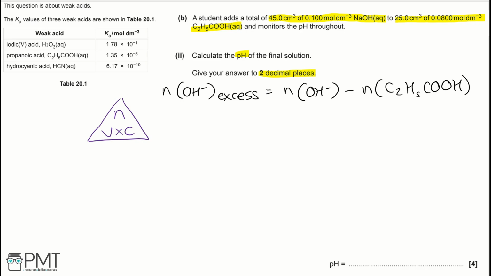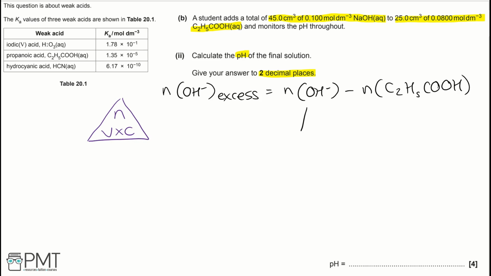By doing this, we're working out how much sodium hydroxide, or NaOH, is used in the equation with C2H5COOH, and how much is left over or is in excess, because the student is adding more NaOH, so an excess of NaOH to this reaction. So by working out the moles of OH minus in excess, we can then use this to work out pH.